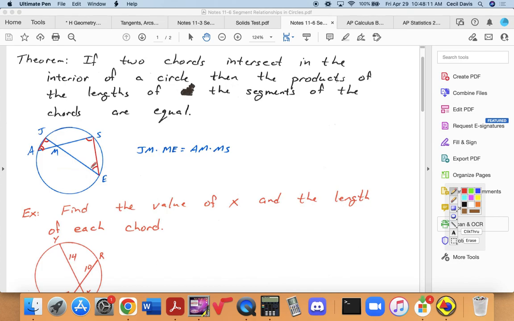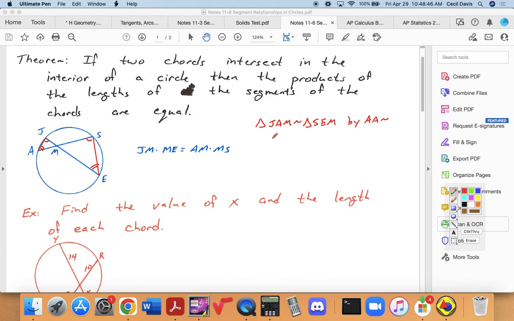So what does that mean about these two triangles? They're similar to one another by angle-angle similarity. And since triangle JAM is similar to triangle SEM, you don't need to write any of this down, they're similar by angle-angle similarity.